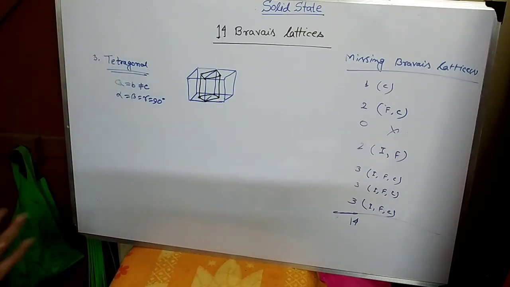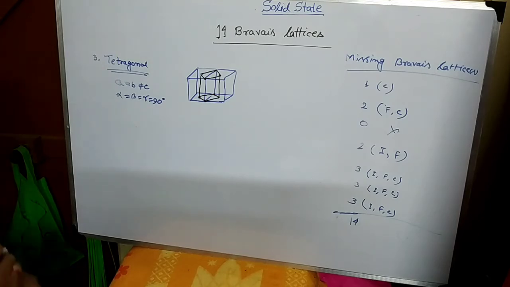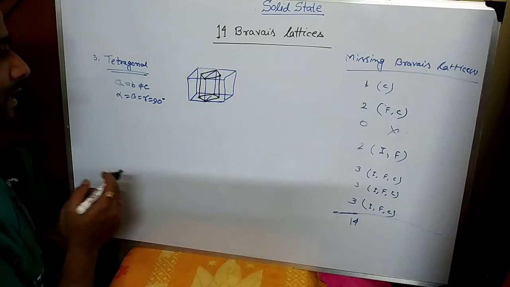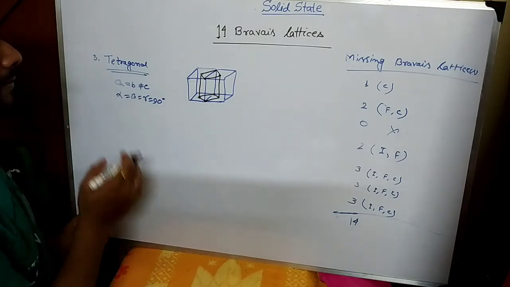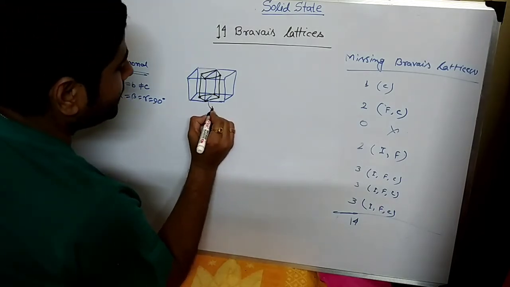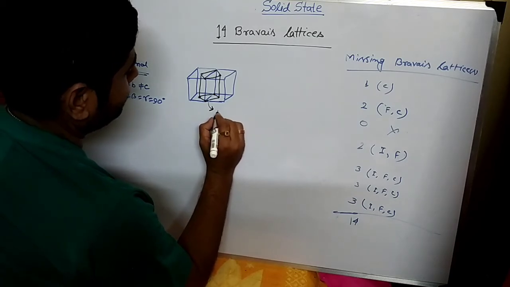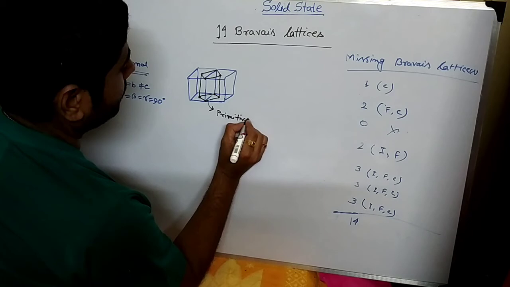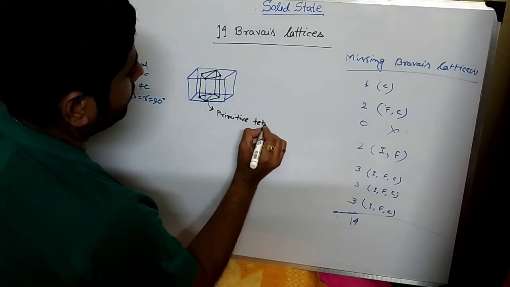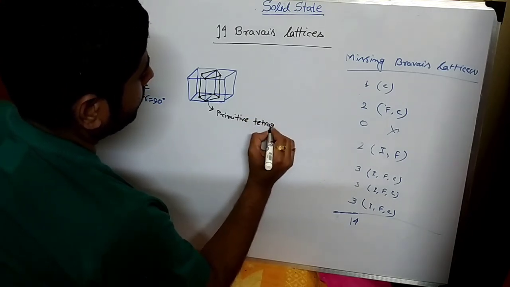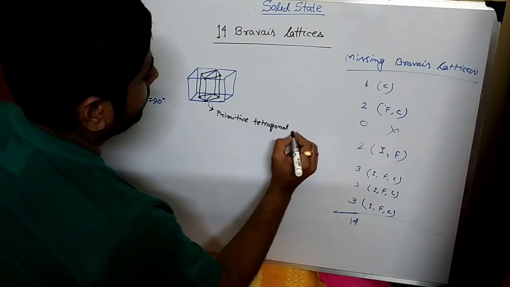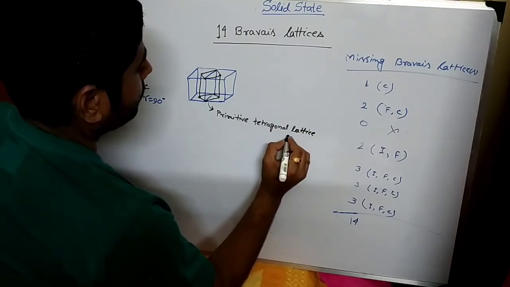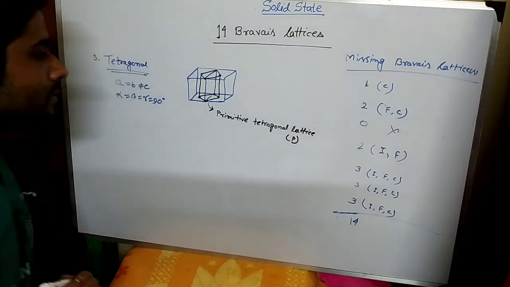This is also one tetragonal system having a smaller in size, smaller shape, smaller volume, but it is also a primitive tetragonal system.